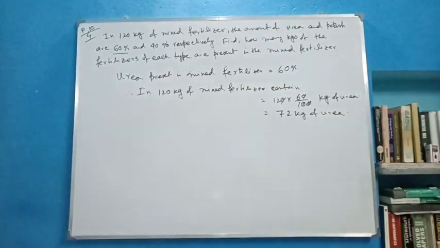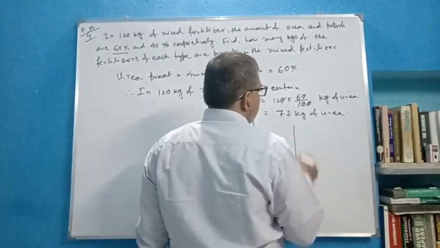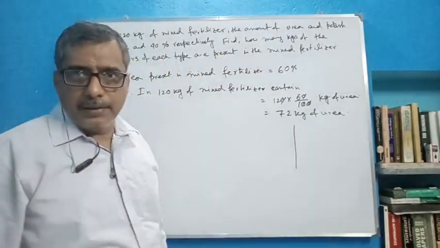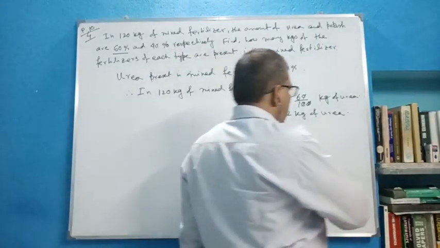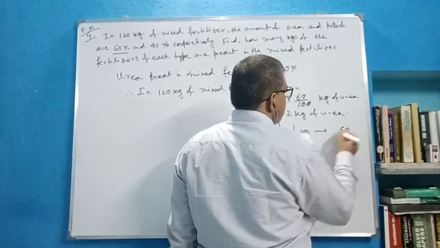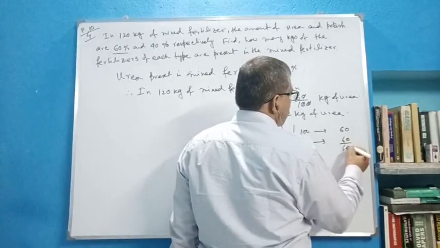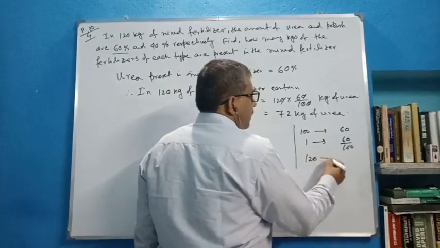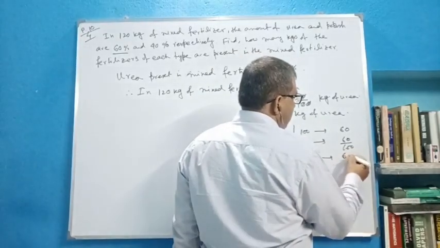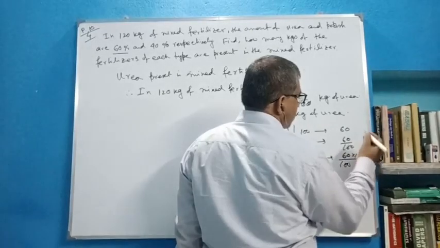Very simple. How do we get this? If we use the unitary method, in 100 kg urea present is 60 kg, in 1 kg urea present is 60 by 100 kg, in 120 kg urea present is 60 by 100 into 120.